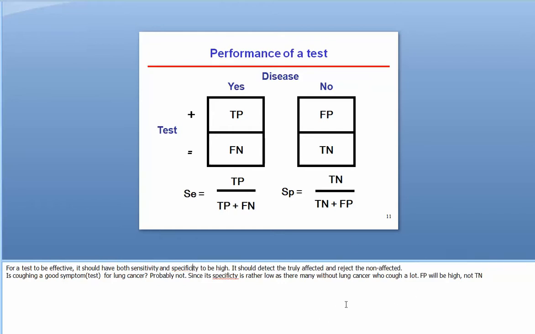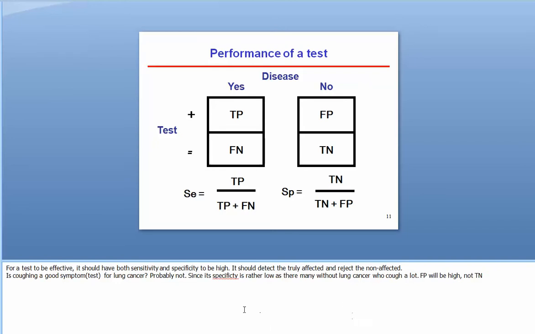Okay. Now actually, let's think about something like coughing. Coughing is of course a symptom. It's an informal test. If you think of coughing as a symptom of lung cancer, how good is it?